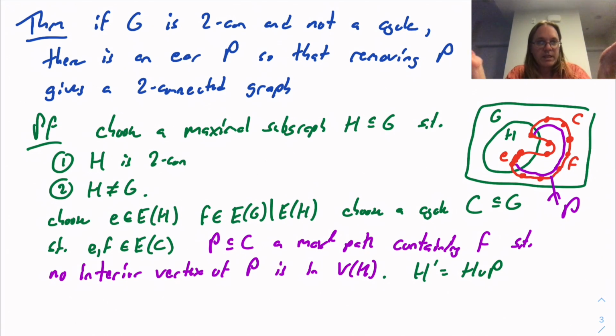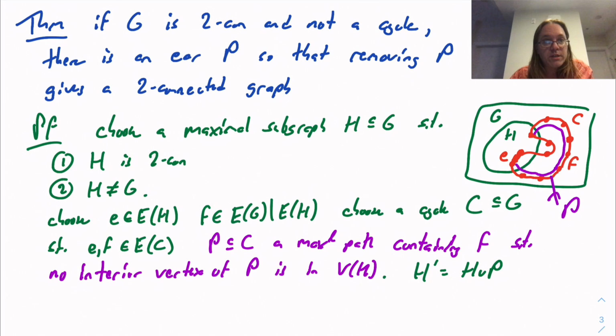So again, H delete that vertex V and P delete that vertex V are connected subgraphs that overlap on a vertex, so their union is connected. So if you took this graph H prime and deleted from it any vertex of H, you would be left with a connected graph.